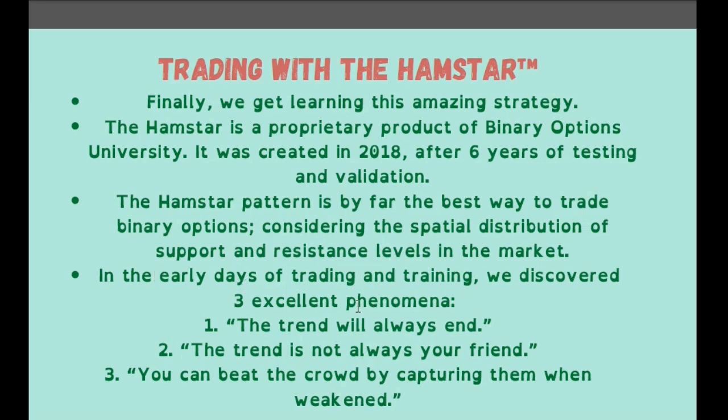In the early days of trading and training, we discovered three excellent phenomena. The first of which is the trend will always end. The trend is not always your friend, and you can beat the crowd by capturing them when weakened.